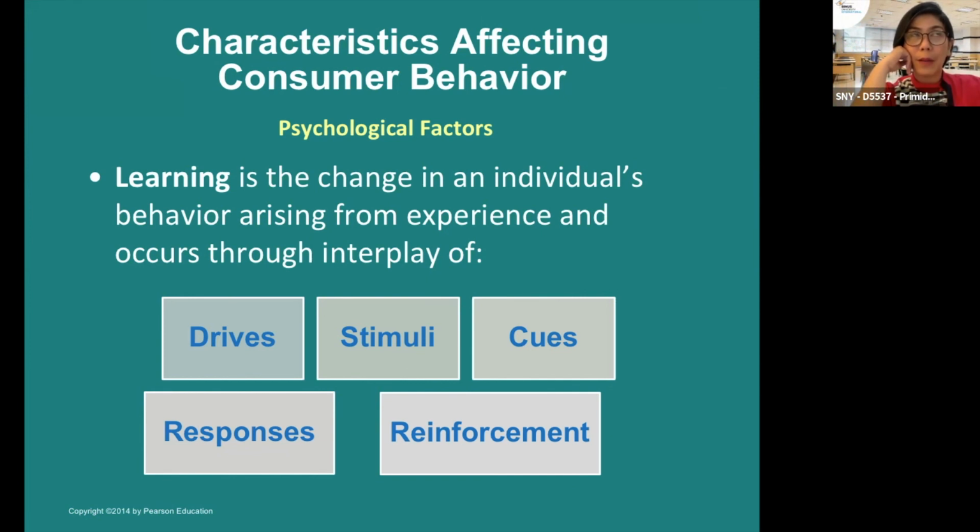For example, the reinforcement theory says that if you receive positive rewards for a certain act, you will tend to redo that act. But if the outcome of your action is unpleasant, painful, then you will stop. That action will not be reinforced.